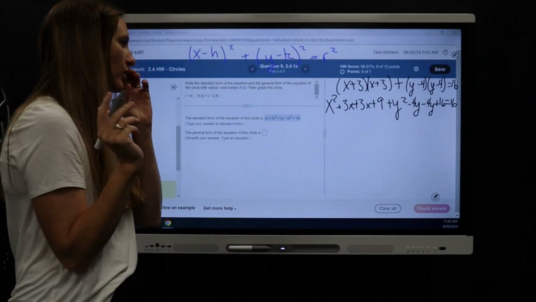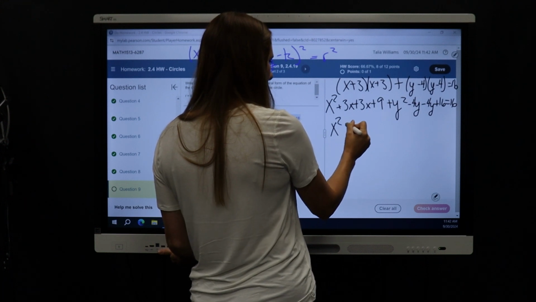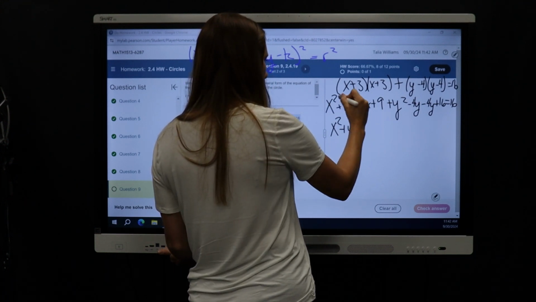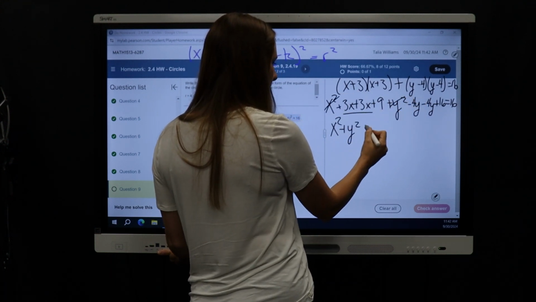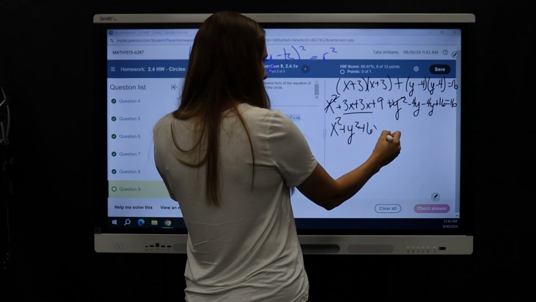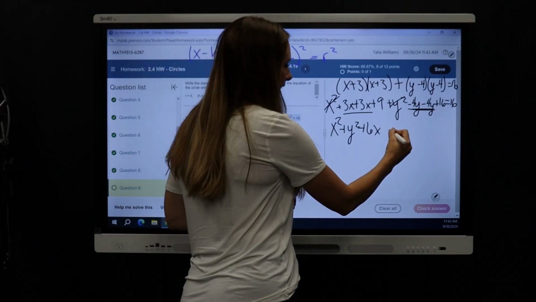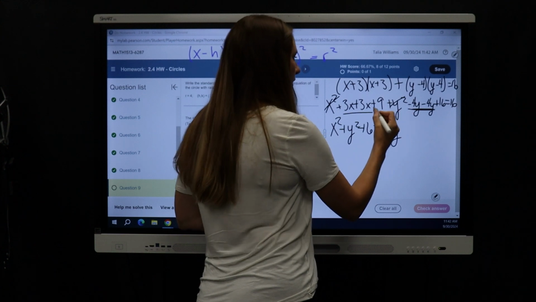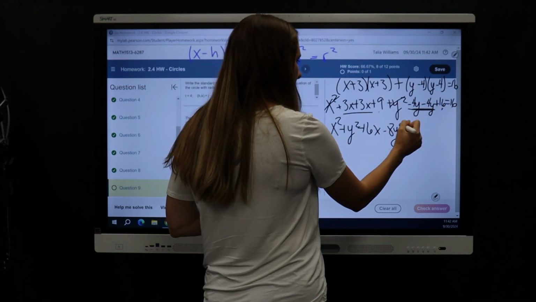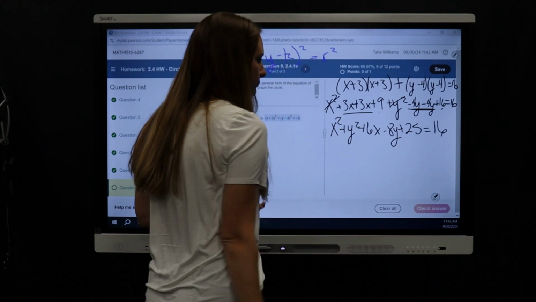Okay, we're going to write it in order and combine like terms. So x squared plus y squared. Bam, bam. 3x and 3x because x comes before y alphabetically. So 6x, -4y, and -4y would be -8y. And then 9 plus 16 is 25 equals this 16.